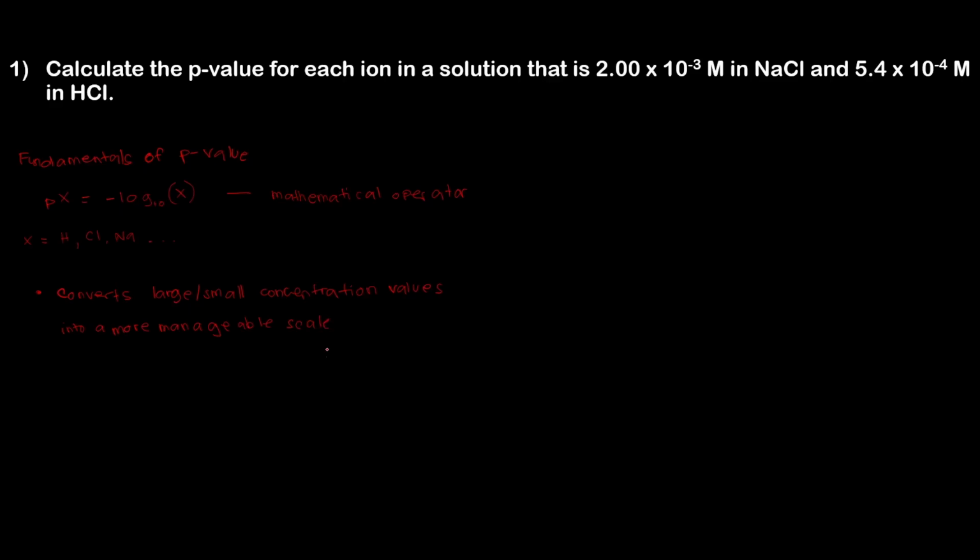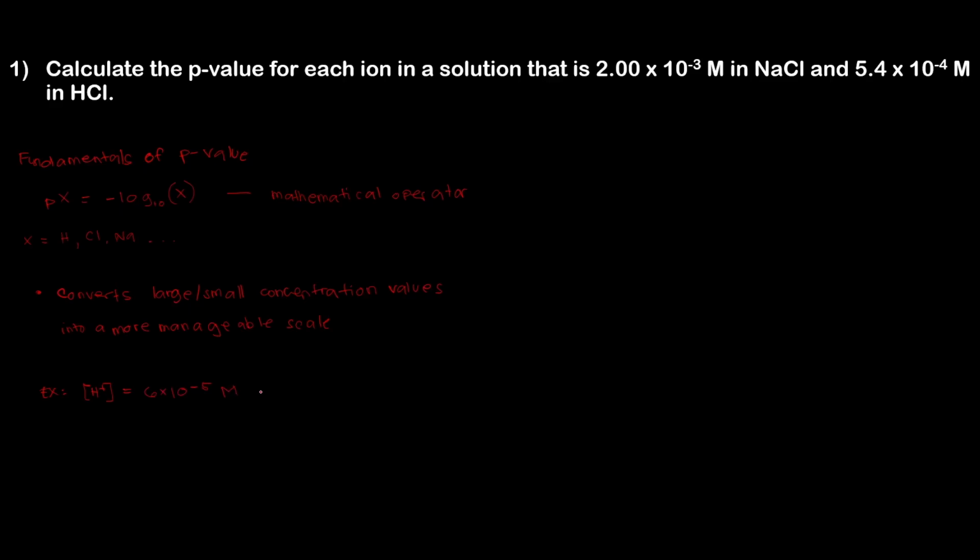For example, let's say you were measuring the acidity, or H plus, of a solution, and you found in molarity that the concentration was 6 times 10 to the negative 5 molar.